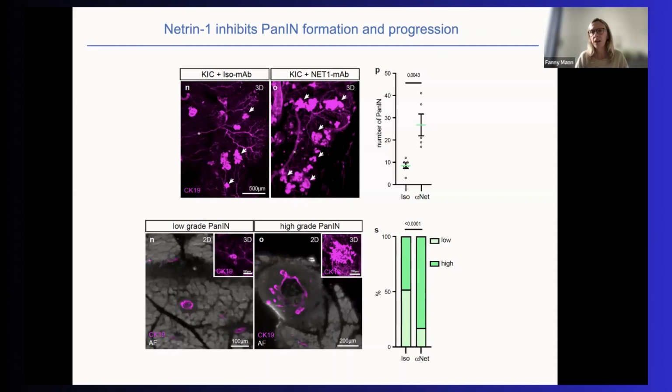So together, our results indicate that netrin is important to stimulate the sympathetic innervation of PanIN lesions, and that maybe through this innervation, netrin also inhibits the formation of PanINs and their progression toward cancer.